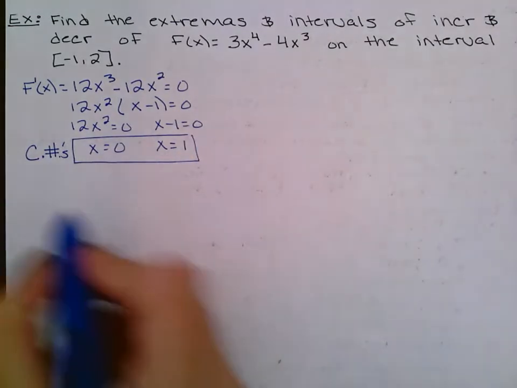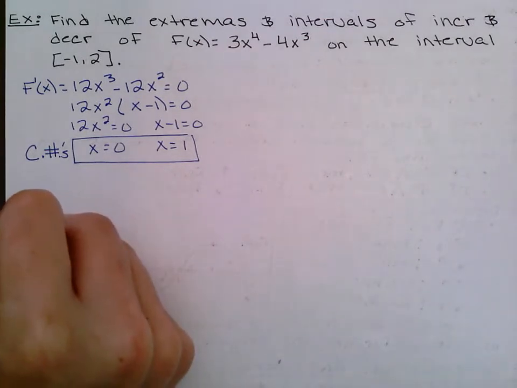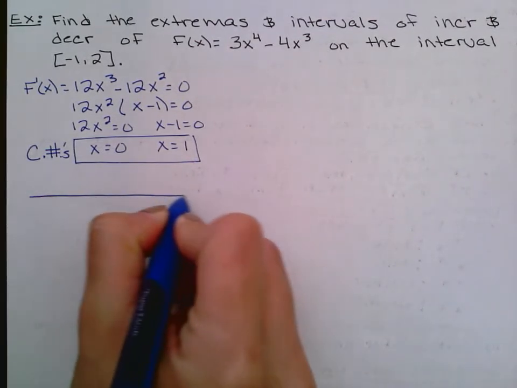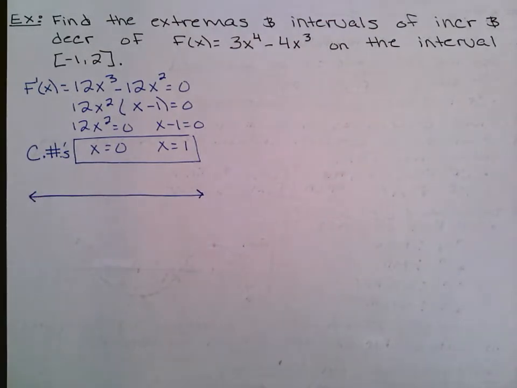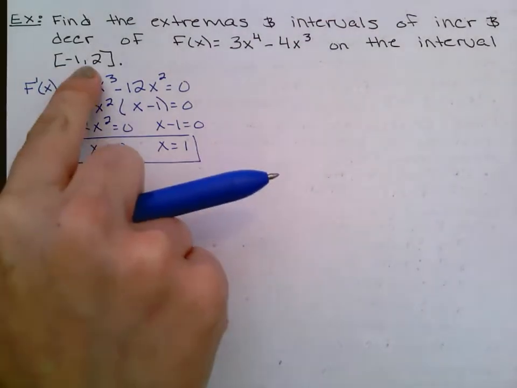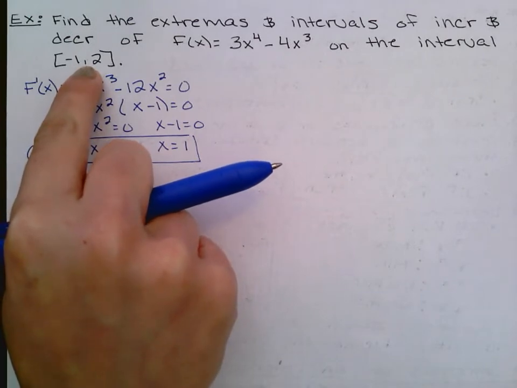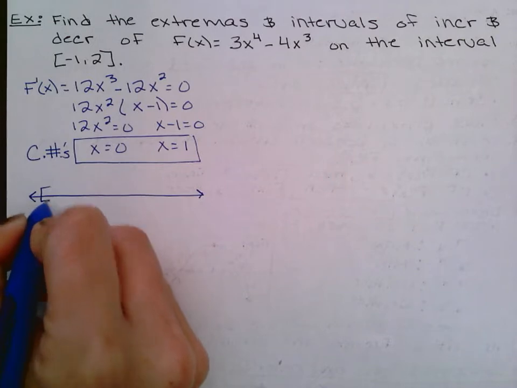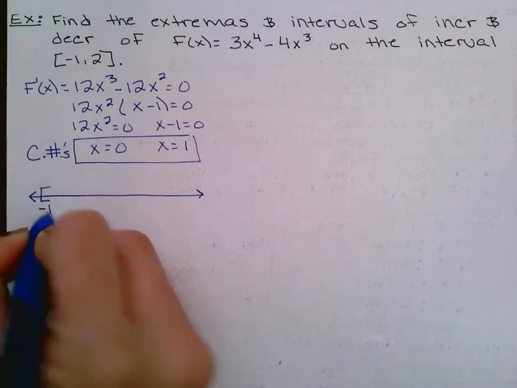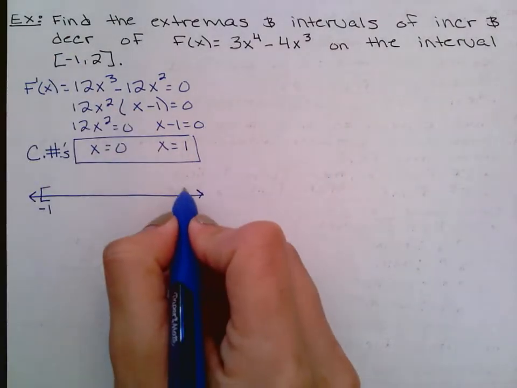Next, I'm going to put those critical numbers on a number line. There's my number line. I have to always make sure that I go back and check my interval. On this question, I had an interval from -1 included, meaning -1, because it's included, will be either max or min.